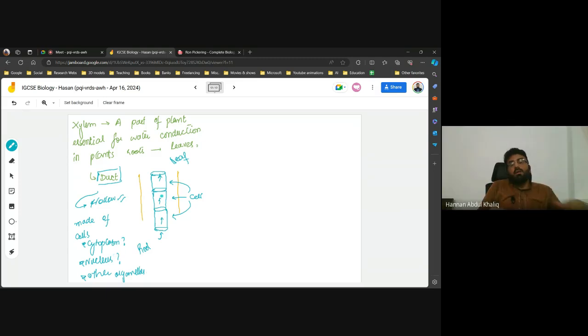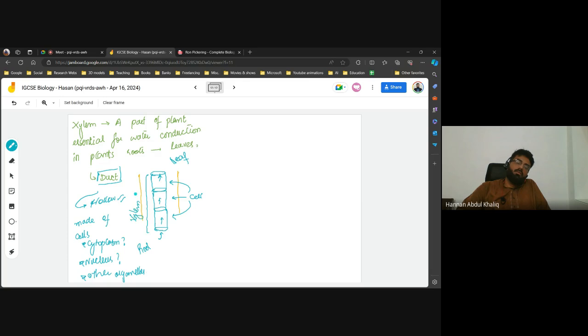So how can the cell be hollow if they are making up the xylem by placing above each other? Suppose this is the duct. Suppose I say this is xylem vessel.